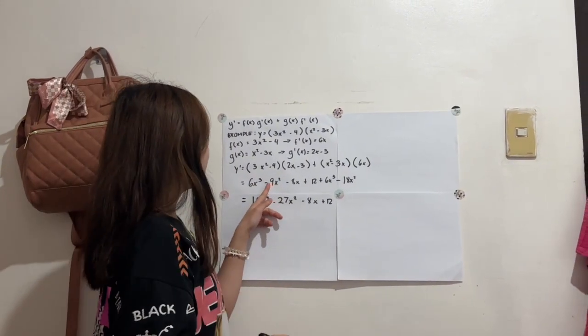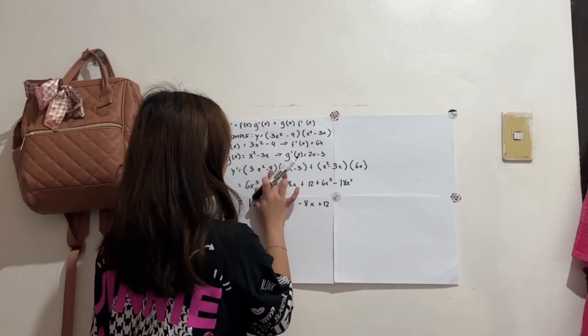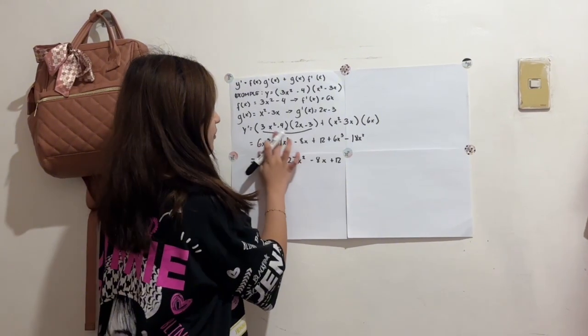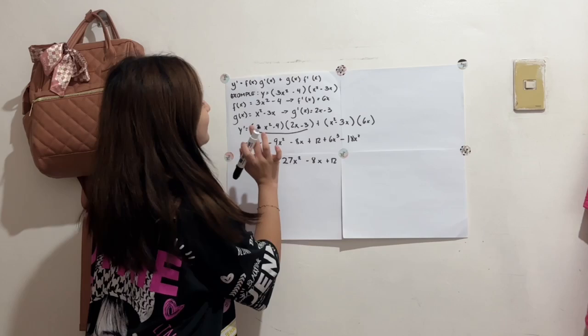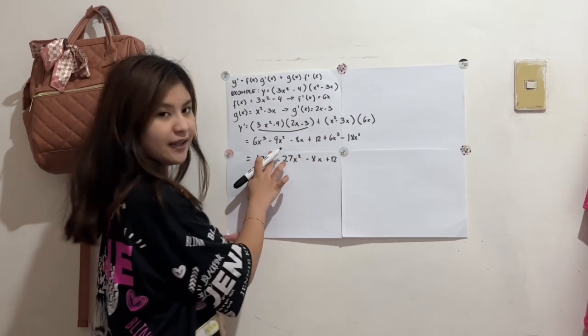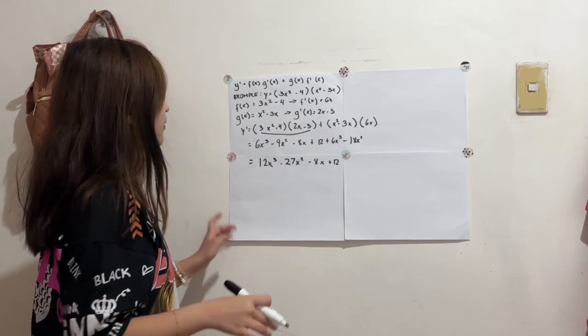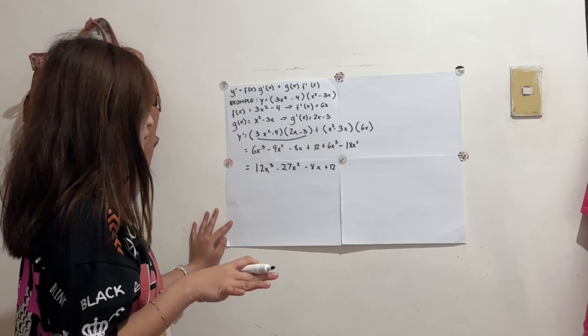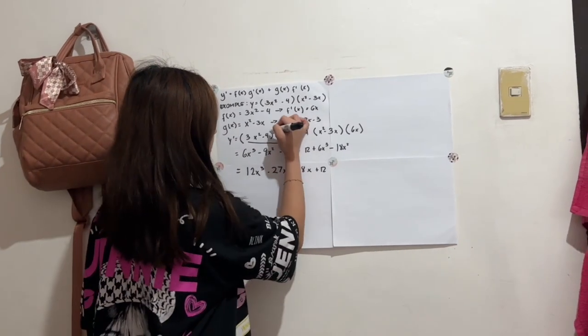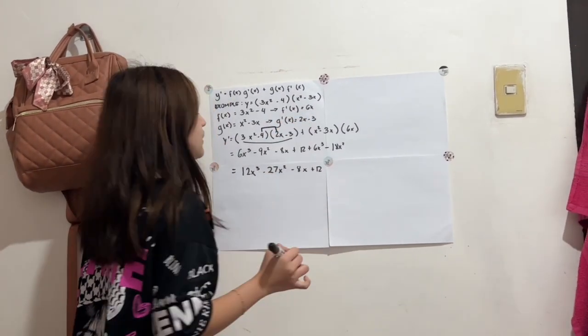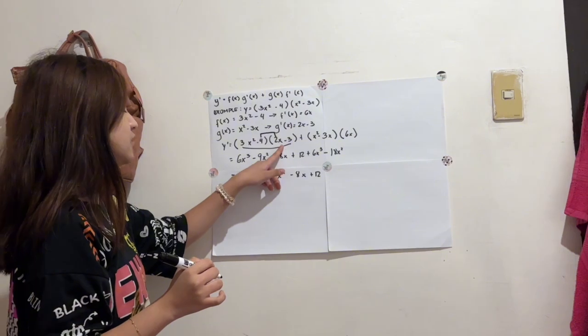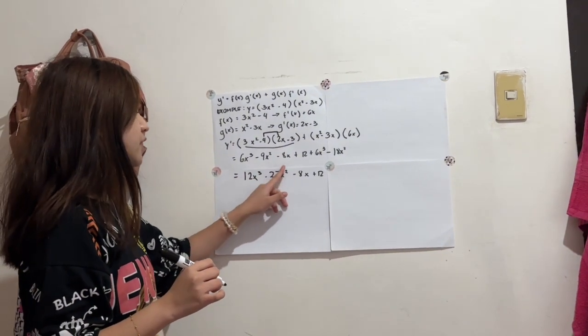And then, yung outside naman. So, 3x times negative 3 is equals to negative 9x squared. And then, yung inside naman po. So, negative 4 times 2x is equals to negative 8x.